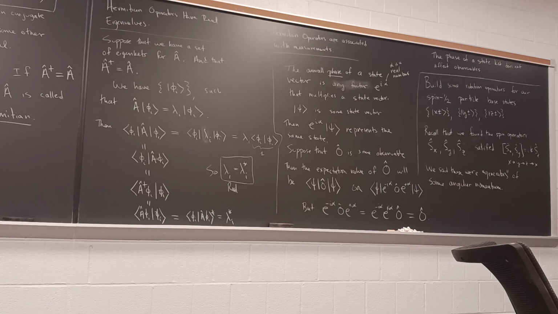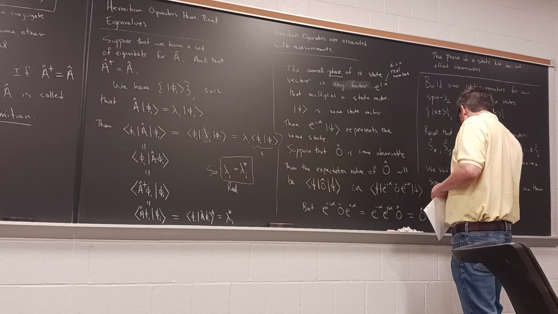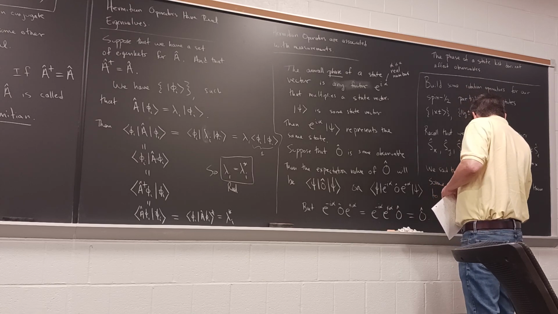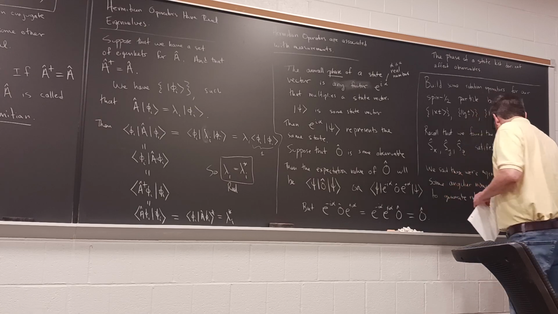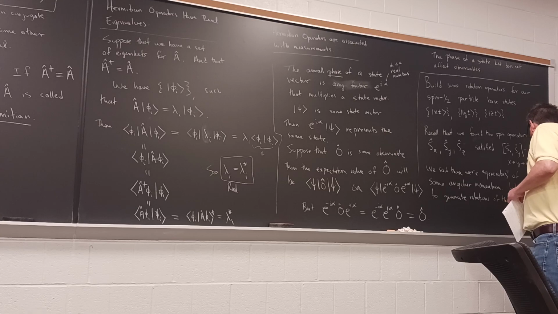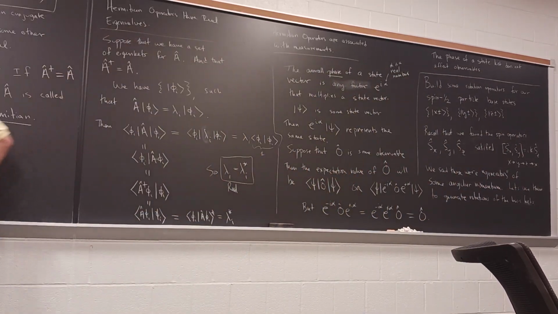So if they're the generators of the spin angular momentum, then we should be able to use them to generate rotations of the basis vectors, of the basis kets. Okay, so let's do this now.